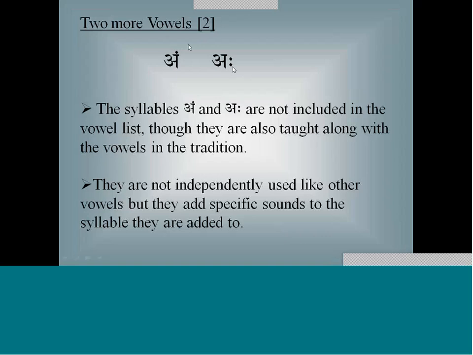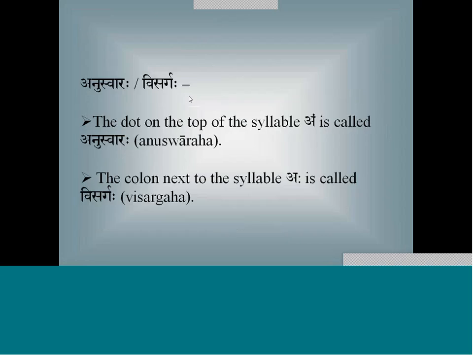When you see the dot at the top, that is called anuswaraha. You can see the dot on the top of the syllable, it is called anuswaraha. And that anuswara is pronounced along with the preceding vowel.